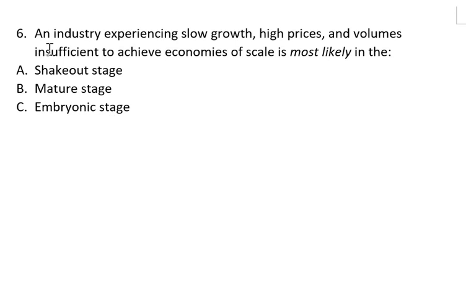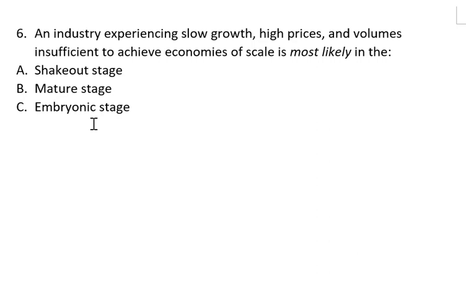Question 6. An industry experiencing slow growth, high prices, and volumes insufficient to achieve economies of scale is most likely in the A. Shakeout stage, B. Mature stage, C. Embryonic stage.